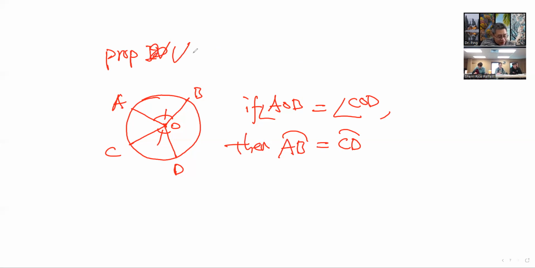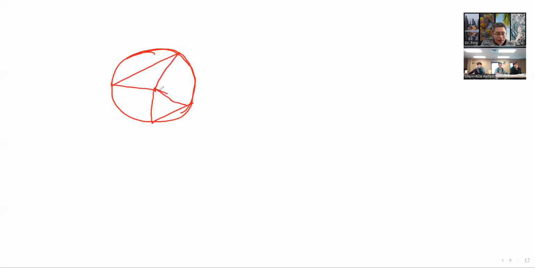And then we're looking at proposition 6. So proposition 6 is that you have a circle, you got a chord, and you got another chord, and of course there's a central angle. It's AB and CD.